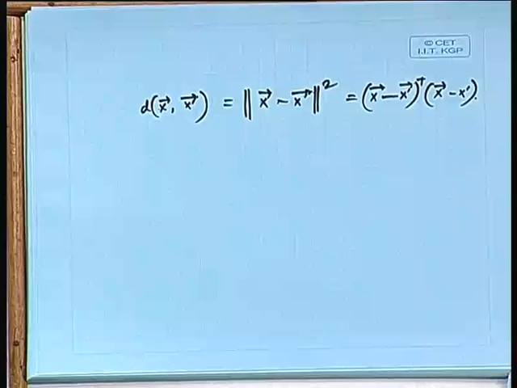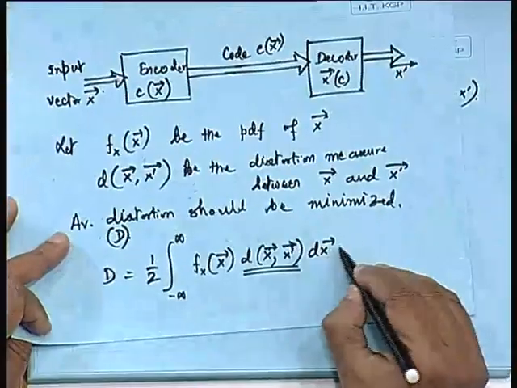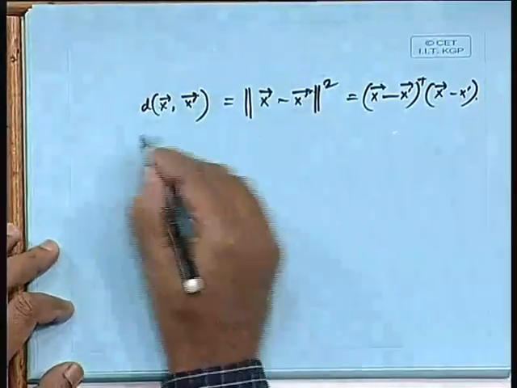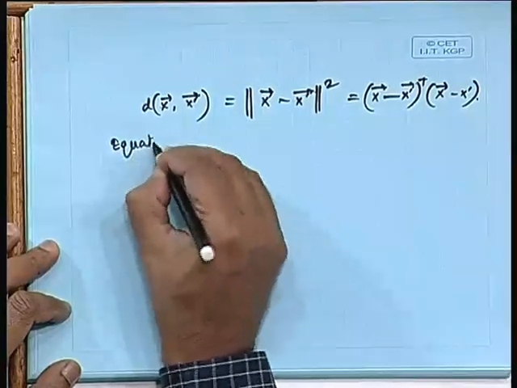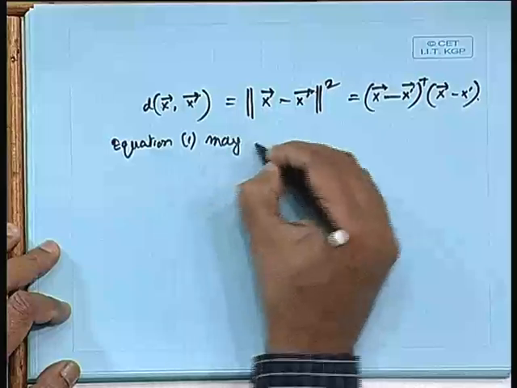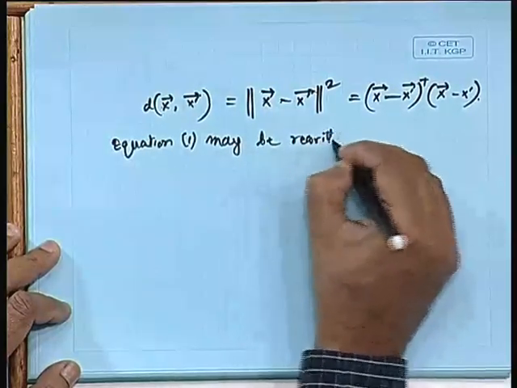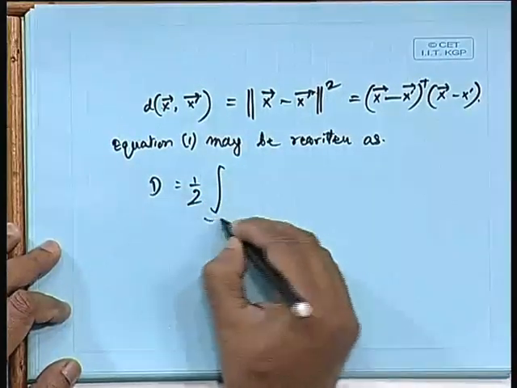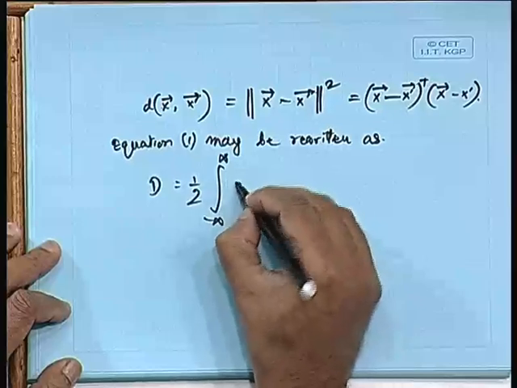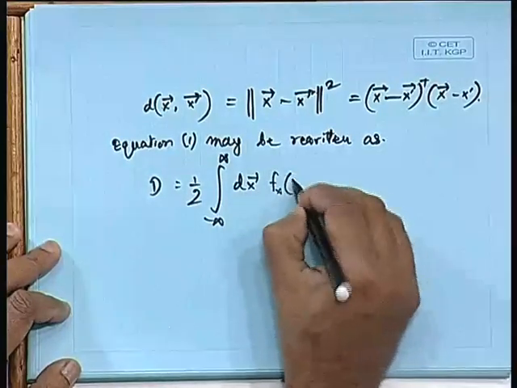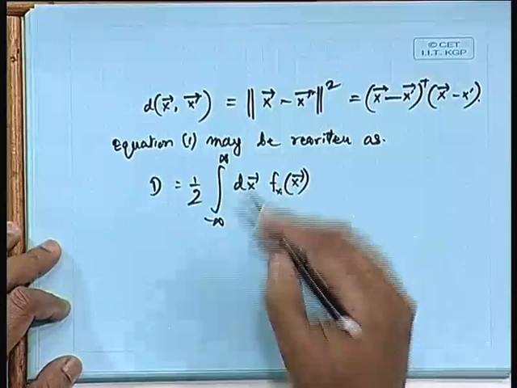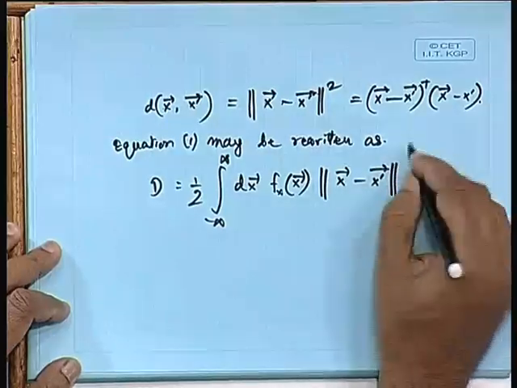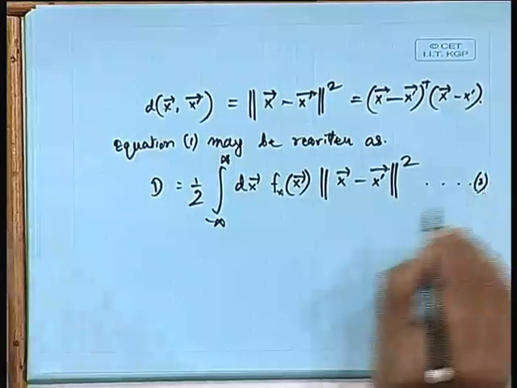Now, if we put our Euclidean distance definition into the integral of equation 1, supposing we call this equation 1, then equation 1 may be rewritten as D equal to half of the integral from minus infinity to plus infinity of f_X(x) times ||x - x'|| whole squared dx. So, this is our equation number 2.